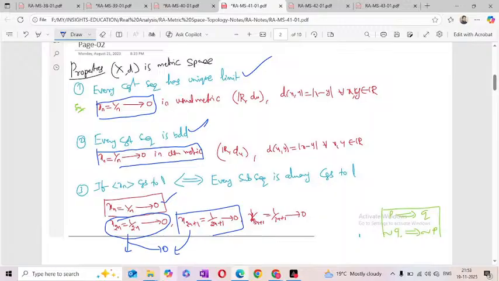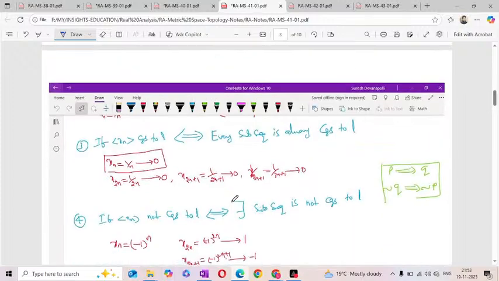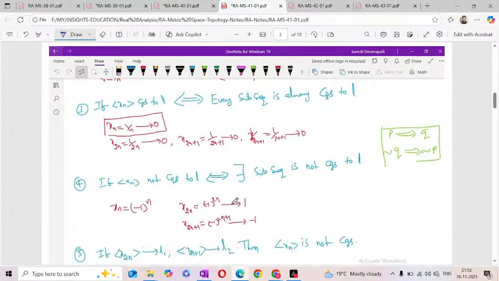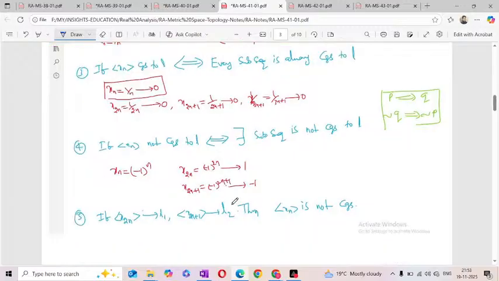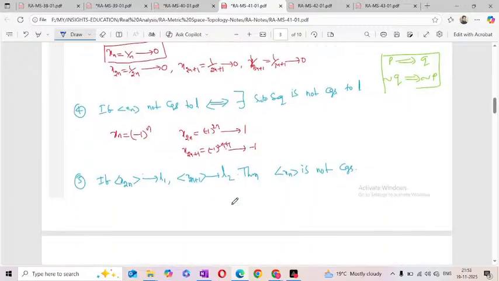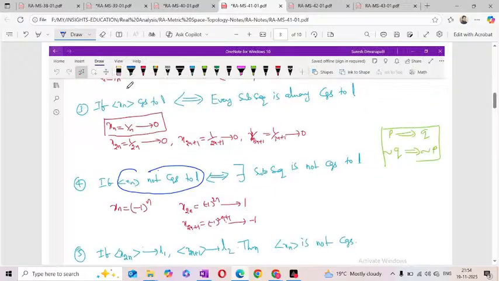You can take any subsequence, and definitely it also converges to the same point. That is the third one. The same will work in real analysis also. If one of the subsequences is not convergent to L, definitely the whole sequence is not convergent to L. That is the conclusion.